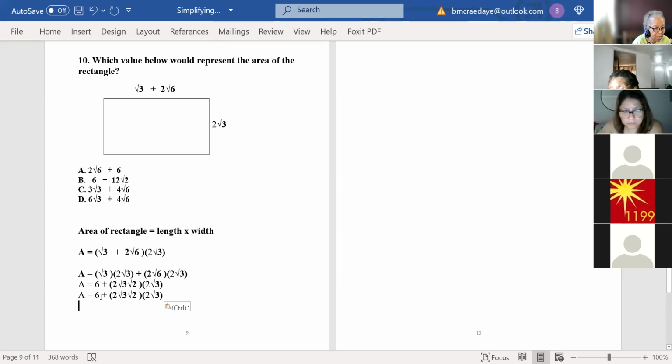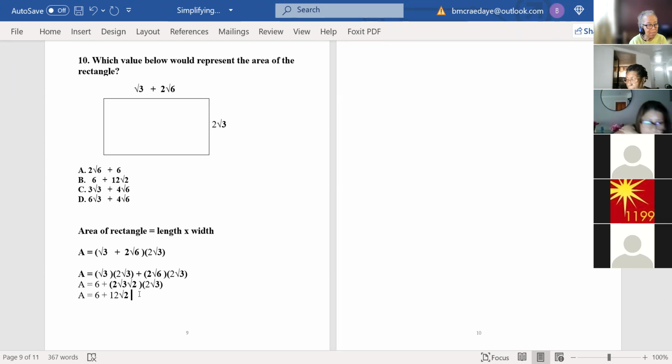This becomes, like I said, square root of 3 times square root of 3 is just 3. 3 times 2 is 6. 6 times this 2 is 12, but I have a square root of 2 left. So this becomes 12 times the square root of 2. So it's B. That's correct.